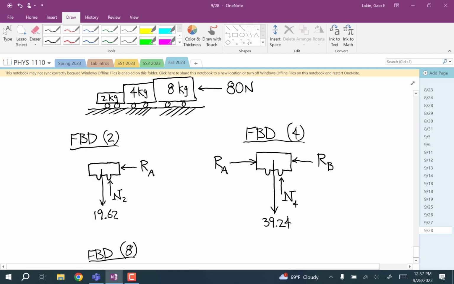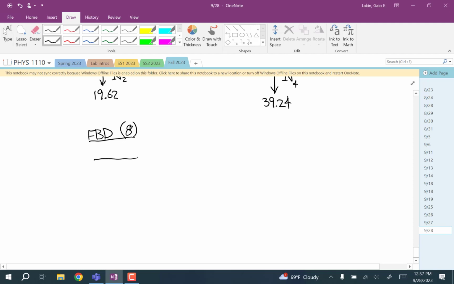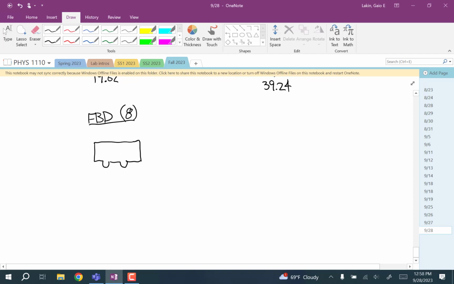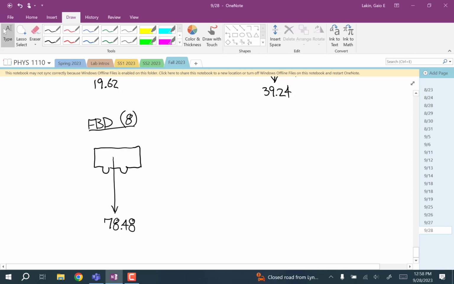And now the free body diagram of the 8. There's a weight force down. 8 times 9.81 is 78.48. There's a normal force from the ground, pushing force from the ground that I'll call N8.